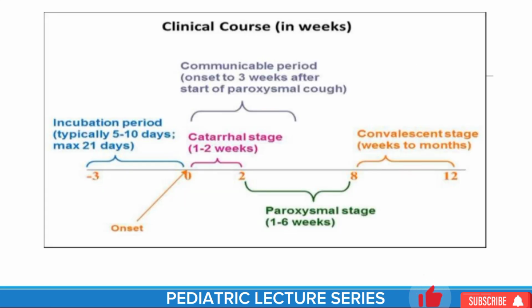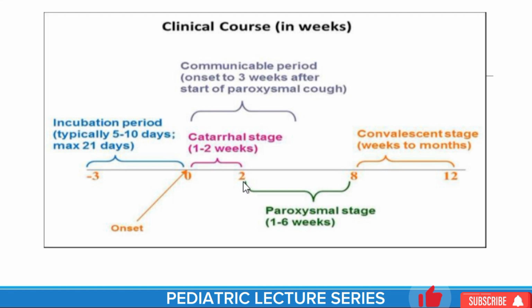So this is a summary of the course of the disease. The incubation period is 5 to 10 days, and then you have the onset of cough. You see the arrow there showing the onset. From onset, the first 1 to 2 weeks is the catarrhal stage.